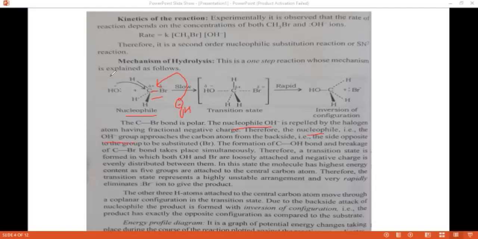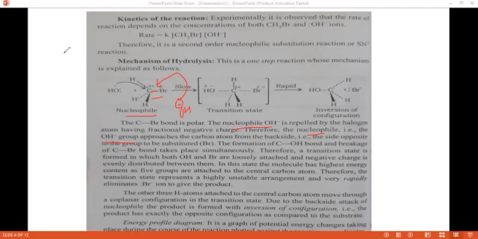approaches the carbon atom from the back side. That means the nucleophile attacks the electron deficient carbon atom from the side opposite to that of the leaving group.